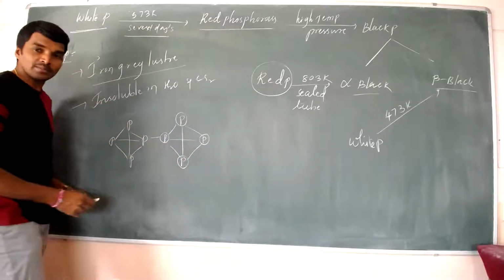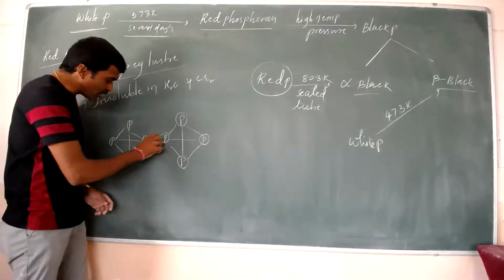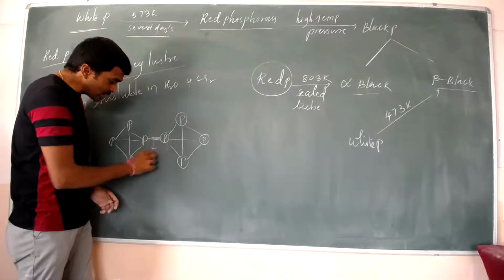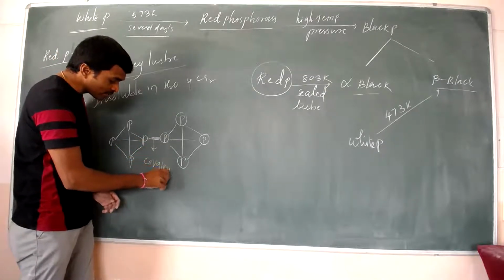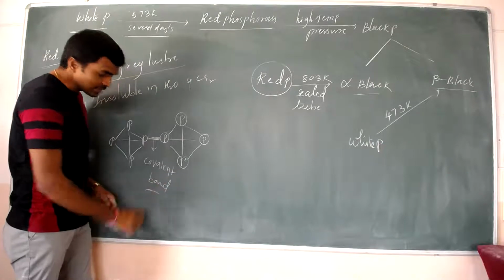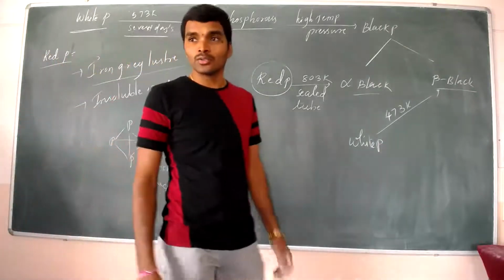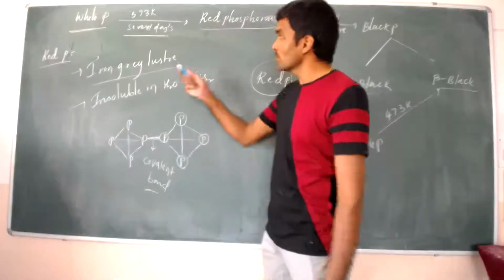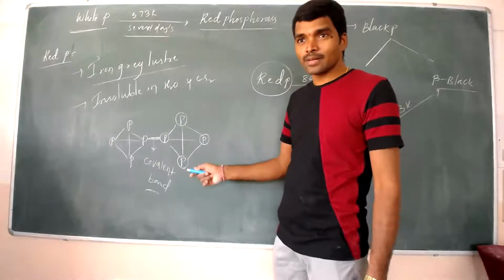So these polymers are arranged, and the polymeric units are connected by covalent bonds. You remember, this is the information about red phosphorus.